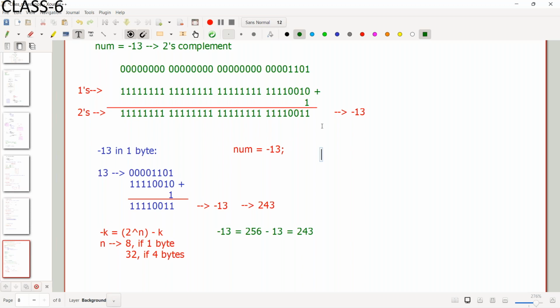So now we know how the character is getting stored and how the integer is getting stored, the positive integer, negative integer. Even if that's 0, it's going to get stored in a maximum of 32 bits. Then we have the non-integer values, something like 2.5. How will you store the 2.5?